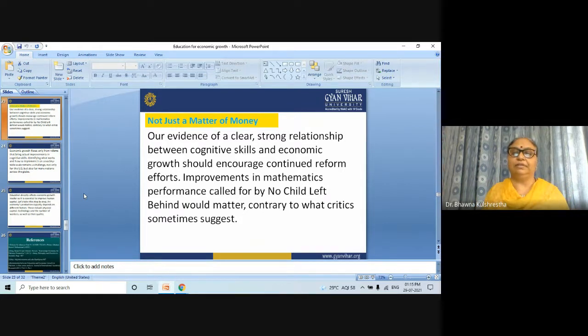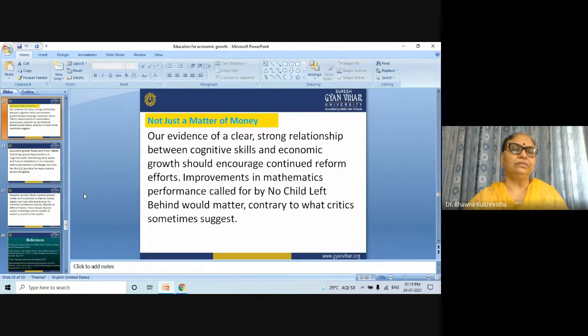Improvements in mathematics performance called for by No Child Left Behind would matter, contrary to what critics sometimes suggest.